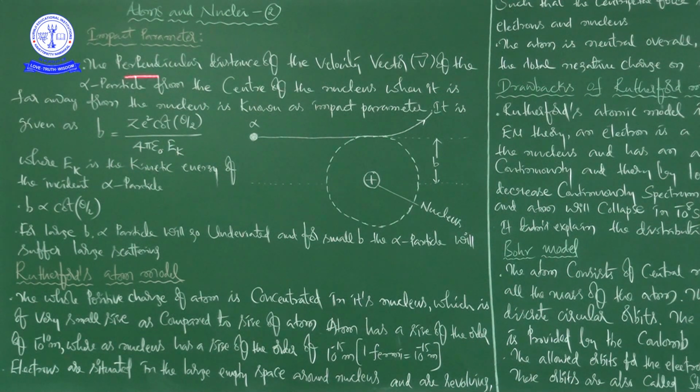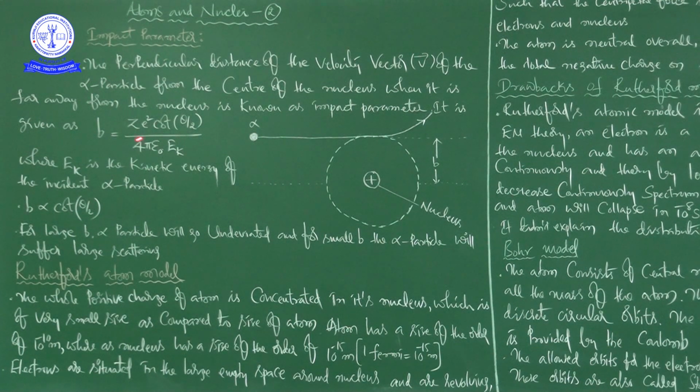The mathematical expression for the impact parameter, small b, is equal to Z e squared cot theta by 2 divided by 4 pi epsilon naught E k.